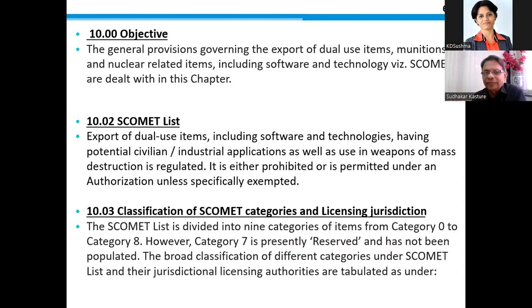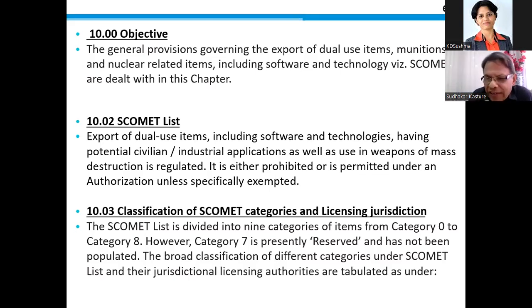So let's understand. The general provisions governing the export of dual use items, munitions and nuclear related items, including software and technology, are dealt with in this chapter. Let me give you 2-3 new examples so you'll understand. In the Russia-Ukraine war, a drone is used for delivering some material which can cause serious damage.